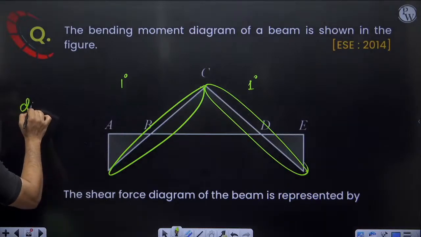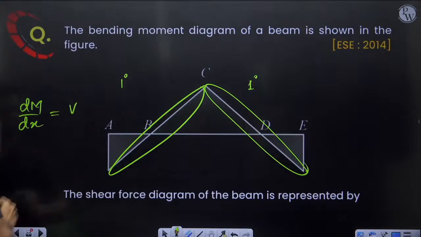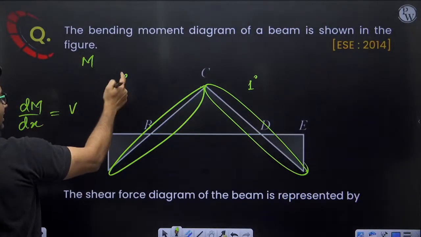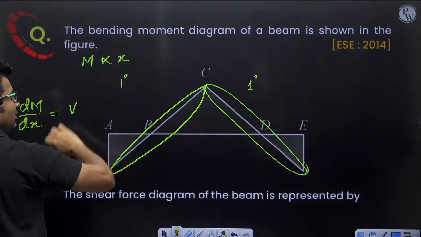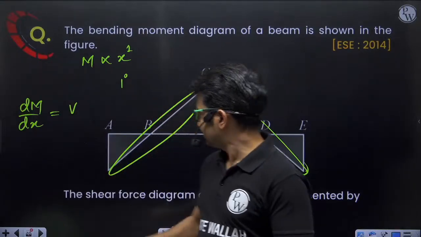And we know dM by dx is equal to shear force. So if the bending moment diagram M is linear, that means M is directly proportional to x to the power 1.